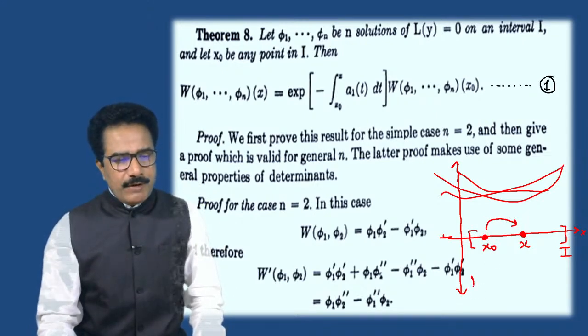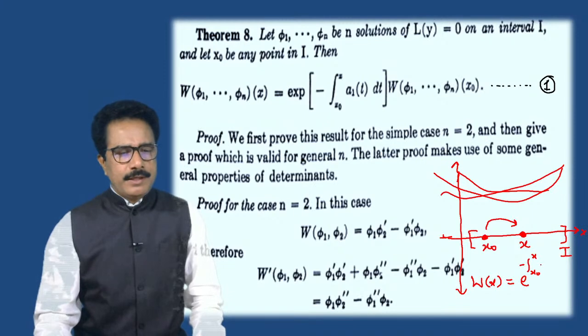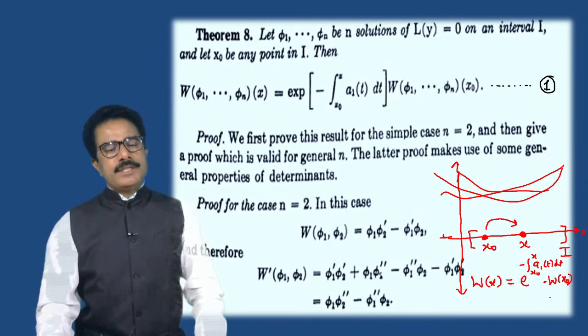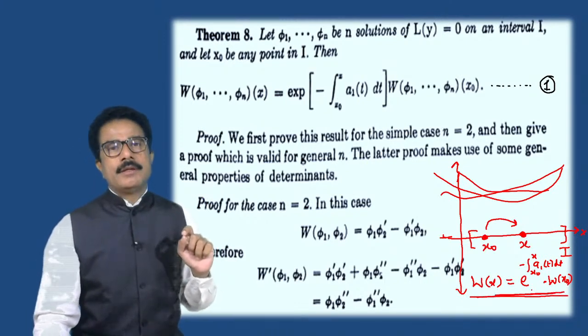The formula for that is Wronskian of x equals e raised to minus the integral from x0 to x of a1 of t dt, into Wronskian of x naught. This is our theorem statement which we have to prove.